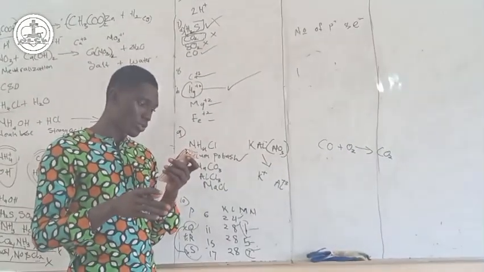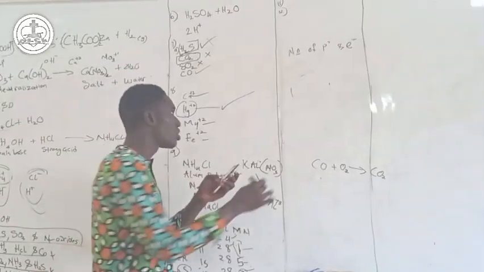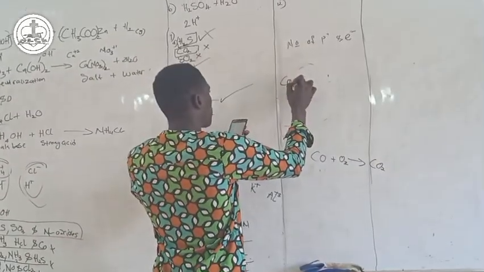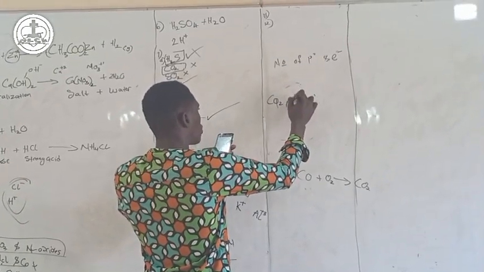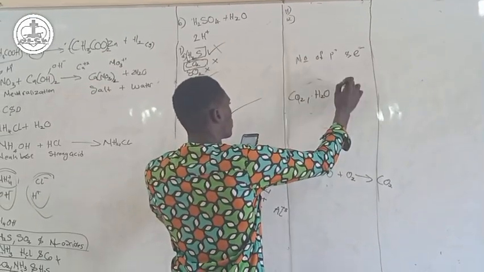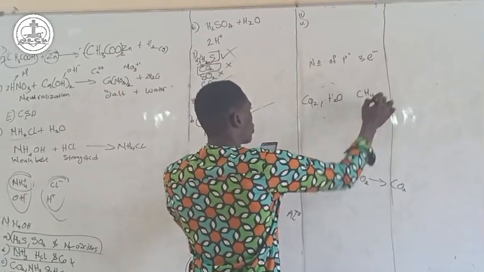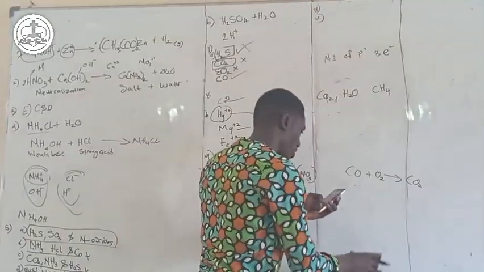Now to the next question, number 16, which asks for the shapes of CO2, H2O and CH4, respectively.